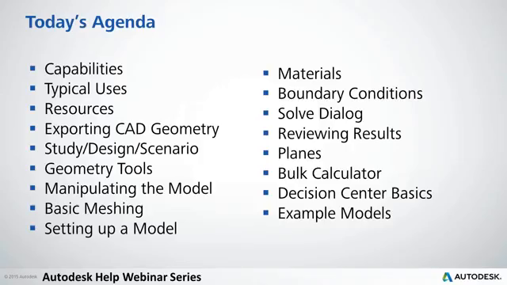We're going to start by talking a little bit about the capabilities of the software, typical uses, some of the resources available to you, what kind of CAD geometry you export and how you export it into Simulation CFD, the concept of study, design, and scenario within one file, a couple of the geometry tools, how to manipulate the model, rotating and hiding, selecting, some basic meshing techniques, how to set up a model from beginning to end by setting the materials, the boundary conditions, a couple of things in the solve dialog, how to review the results, looking at slice planes or cut planes, how to use the bulk calculator, a quick look at the decision center basics, and of course, that's all going to be done by going through some examples.